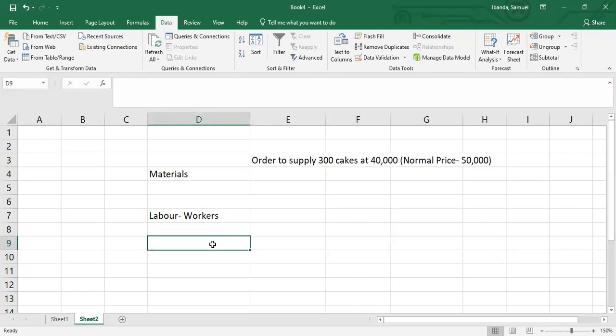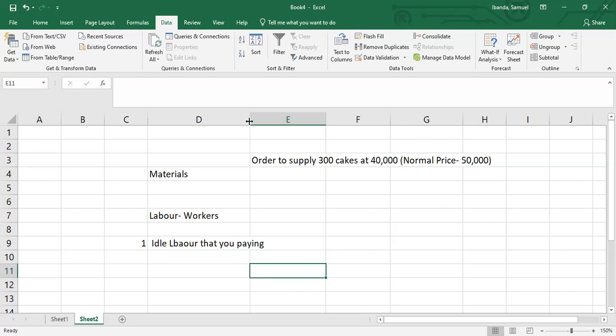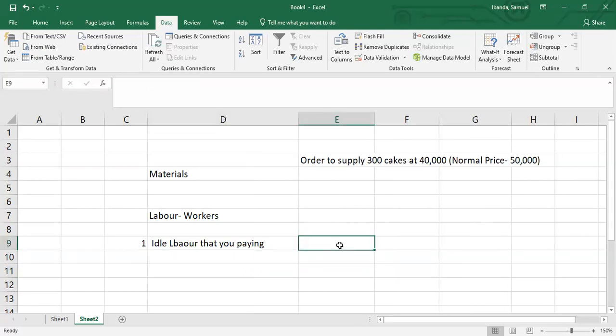So we have several scenarios here. One is when you have idle labor that you're paying, that can actually execute this contract without any additional salary, without any additional pay.